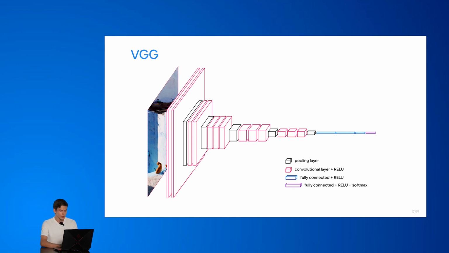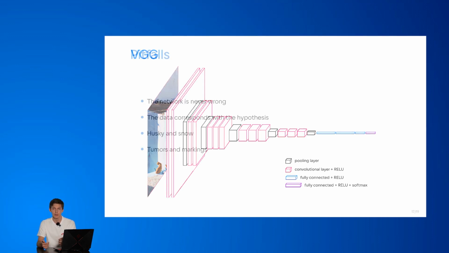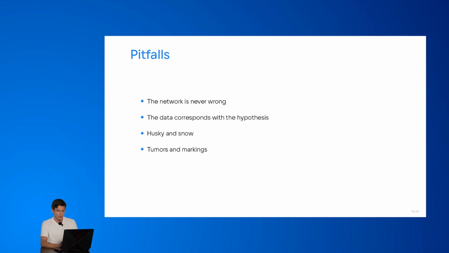Of course, the training of this model is a really hard process because this model requires a lot of data and computing power. VGG was implemented in 2014, and now we will talk about convolutional neural network pitfalls.